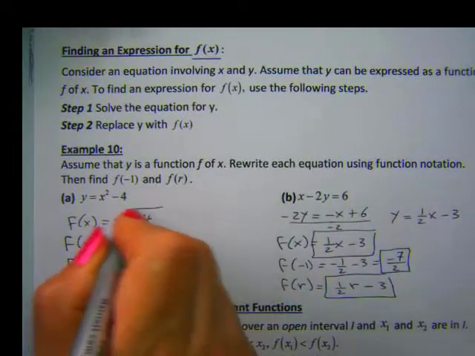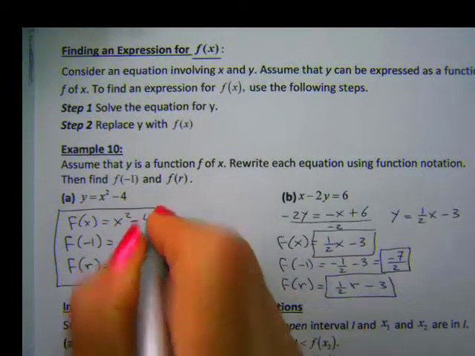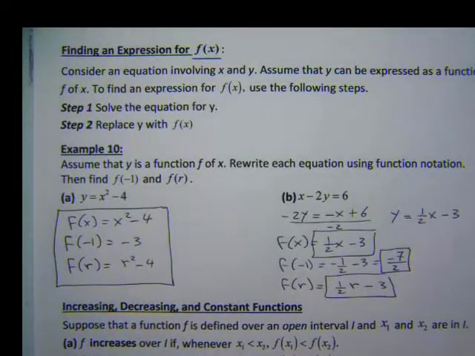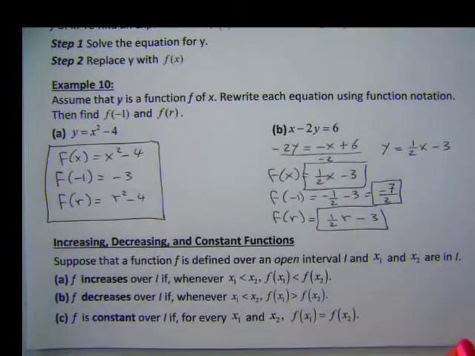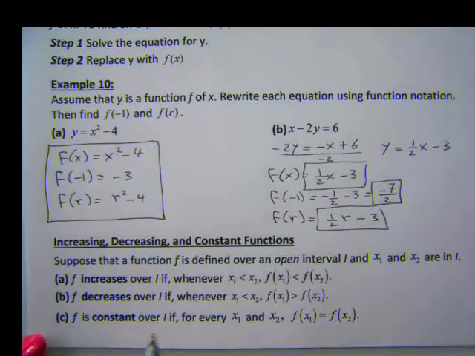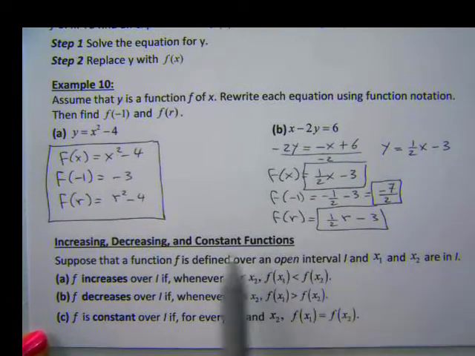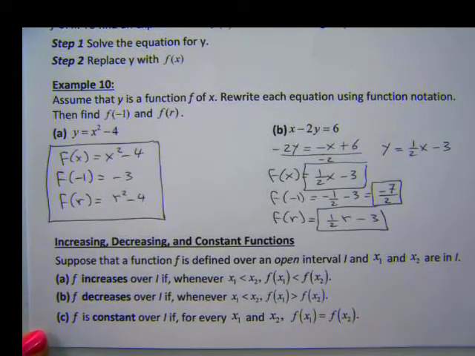Okay. So now let us see the last thing in this section: increasing, decreasing, and constant functions. We can describe a function as increasing, decreasing, or constant.